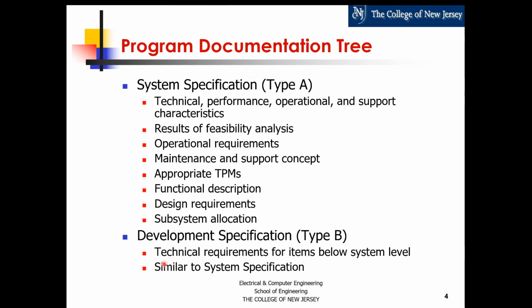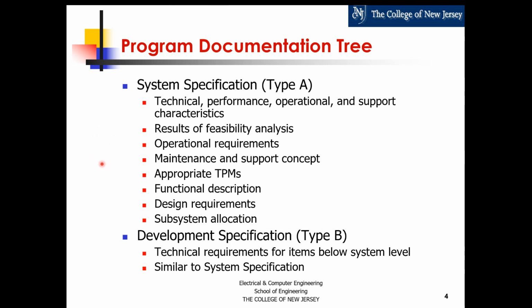To summarize, going back all the way to specification A, which you're familiar with, we have the top-level technical performance, operational and support characteristics. Here you capture the results of your feasibility analysis, after you understand the need, the operational requirements of the system, and the maintenance and support concept.